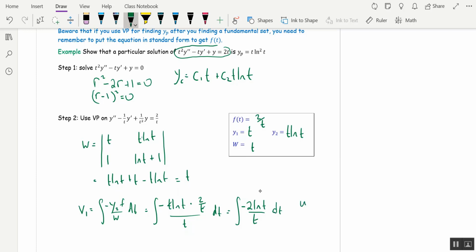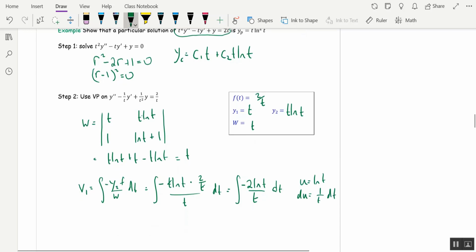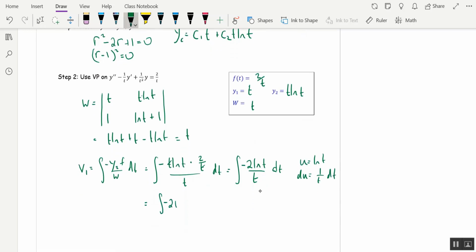So this is a u sub. u is ln t, du is 1 over t dt. So this is the integral of -2u du, which is negative u squared. So negative, and u squared, I'm just going to back substitute. u is ln t, so that's negative ln squared t. I can write it like that, kind of like a trig function.